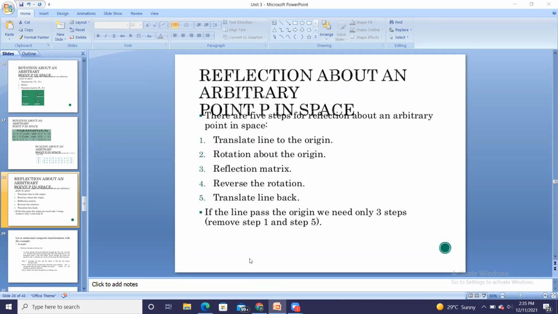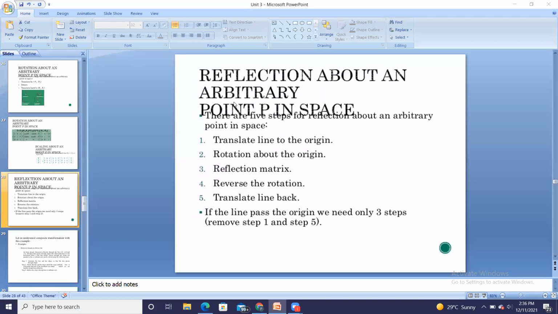Okay. So in the previous lecture, we have seen the rotation about an arbitrary point and reflection about an arbitrary line. For rotation about an arbitrary point, the rotation matrix available with us is with respect to the origin.